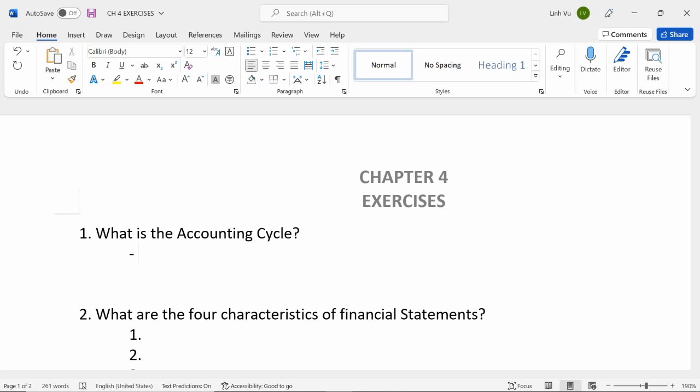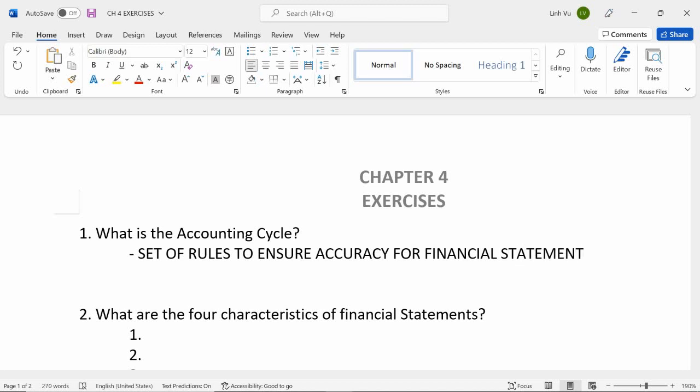It is the methodical set of rules to ensure accuracy and conformity of financial statements. Good. Set of rules to ensure accuracy. Okay, good.